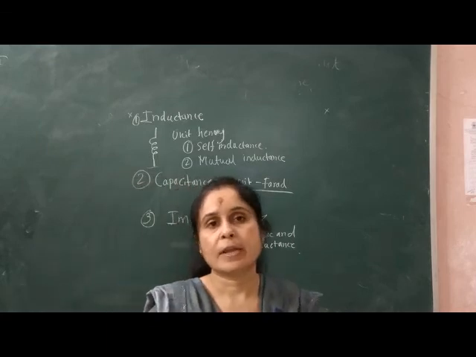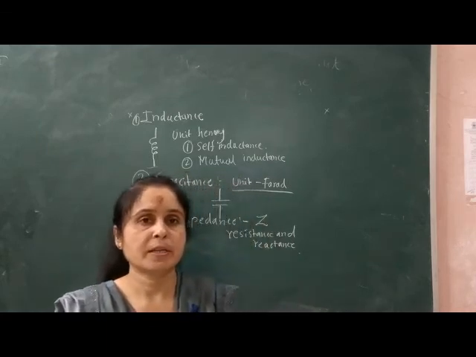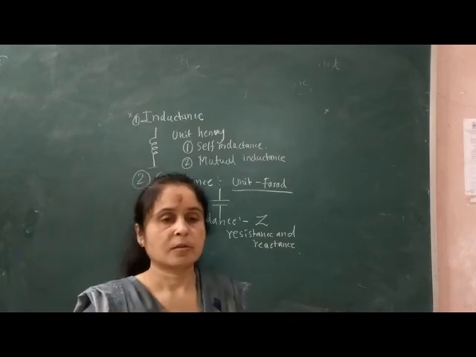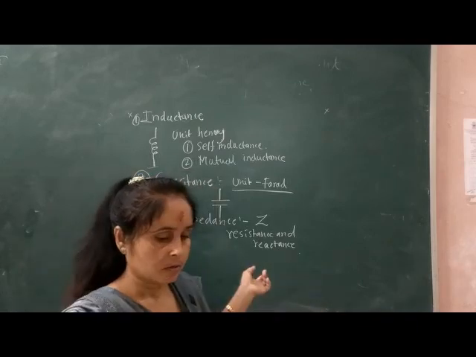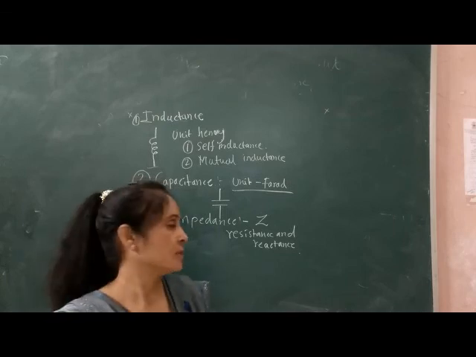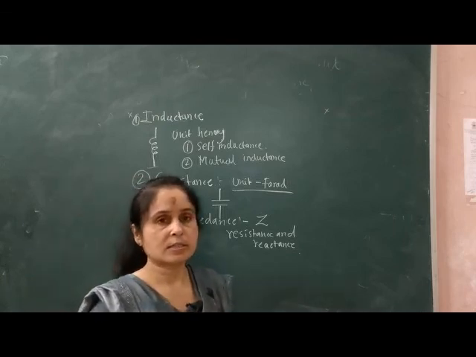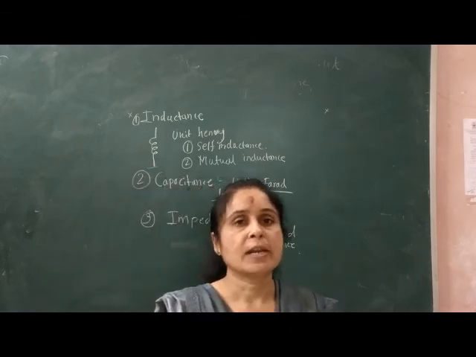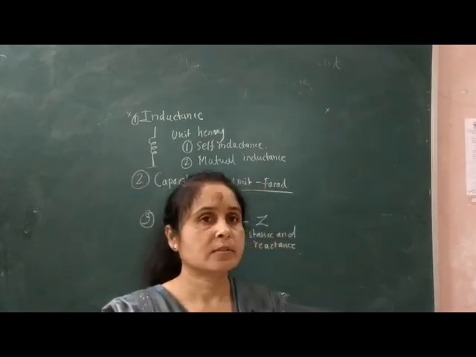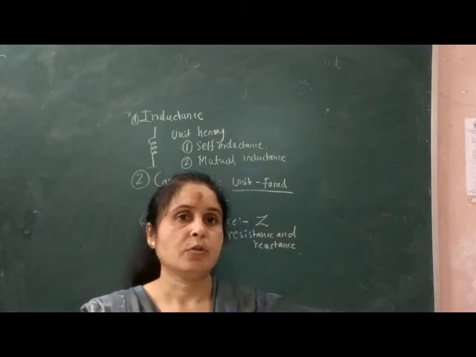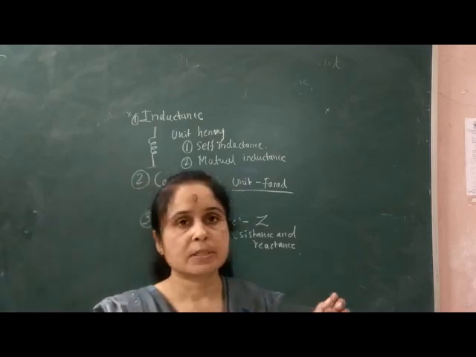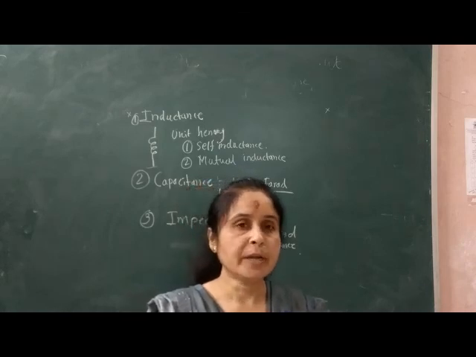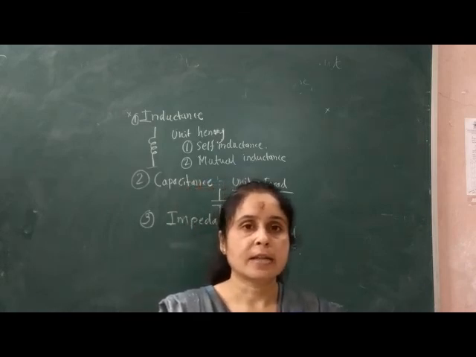In this way, by using impedance, the current and voltage in the circuit will change. So impedance is used in the formation of electrical circuits. So in this way inductance, capacitance and impedance can be used for various purposes in the electrical circuit.